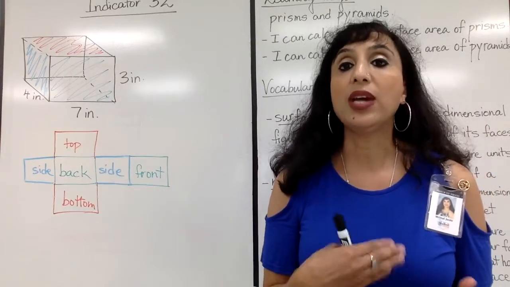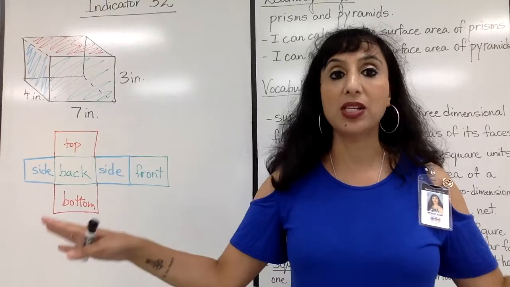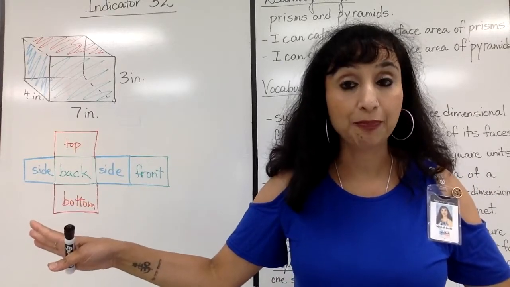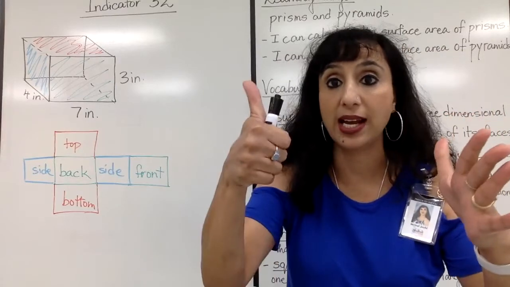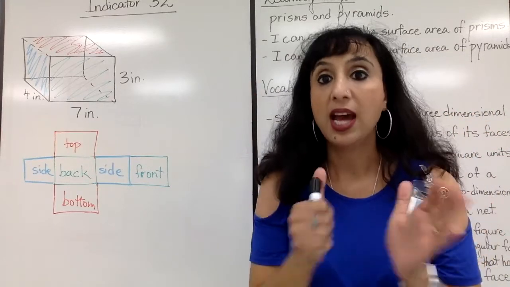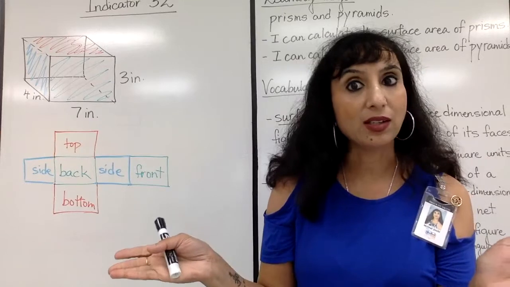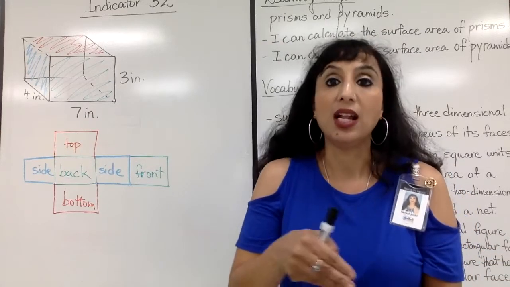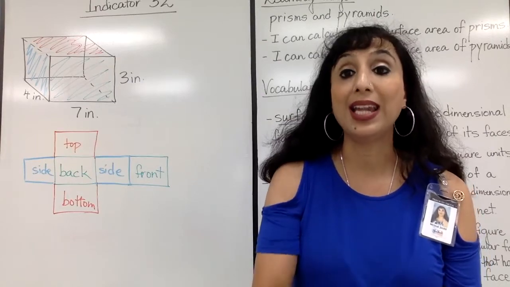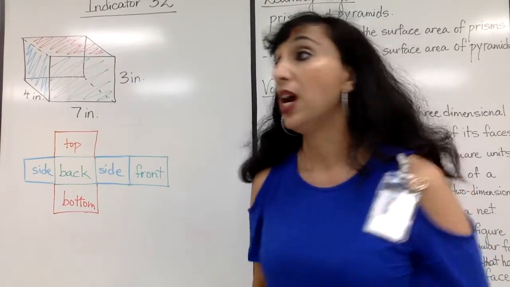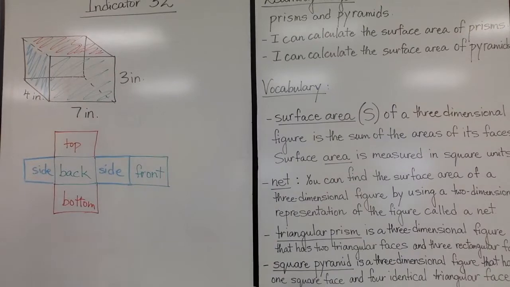But you can also easily break it, because I know there are 6 faces, right? Front and back, top, bottom, side, side. So there are 6 faces, and these are rectangles. So what is the area of a rectangle? Length times width. So I will have to calculate 6 length and widths. Okay, length times width. So 6 areas.